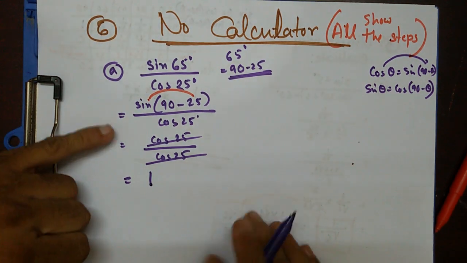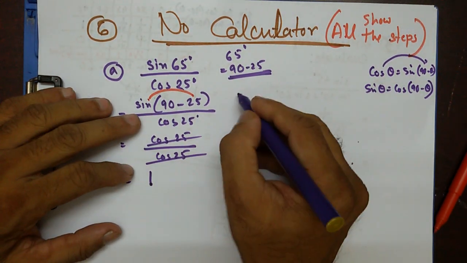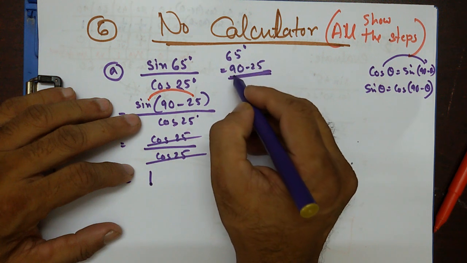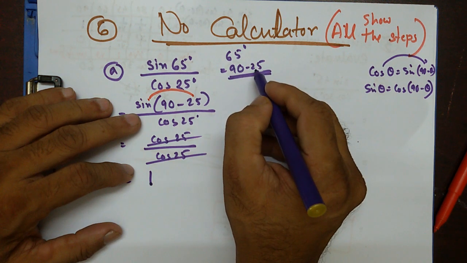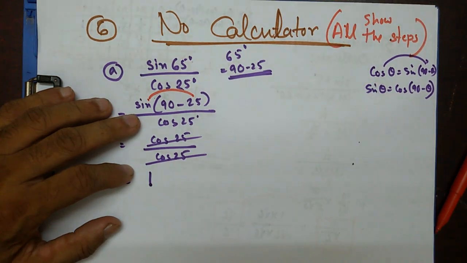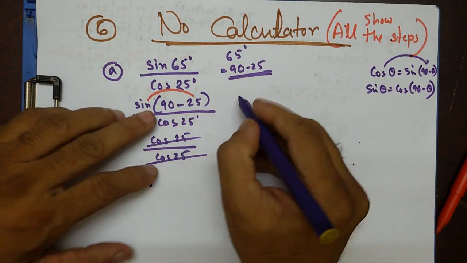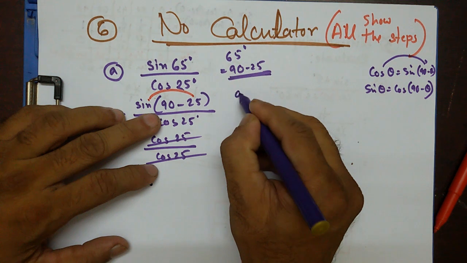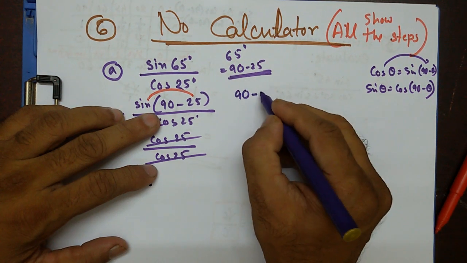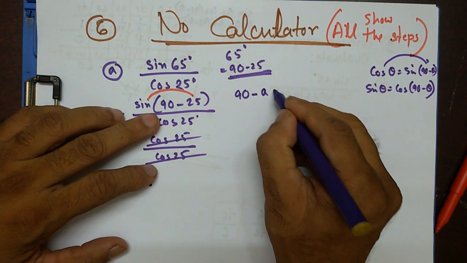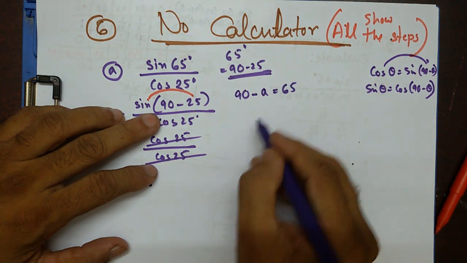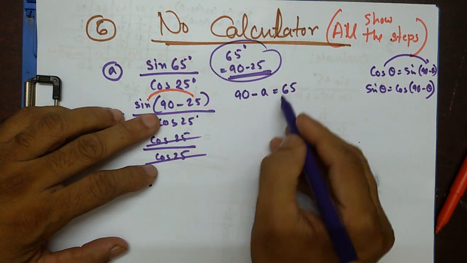And another way you can do that, see that I said 65 can be written as 90 minus 25. Or what can you do? You can just form an equation. You can form that 90 minus some value a is going to give you 65. Instead of that you can do it this way.